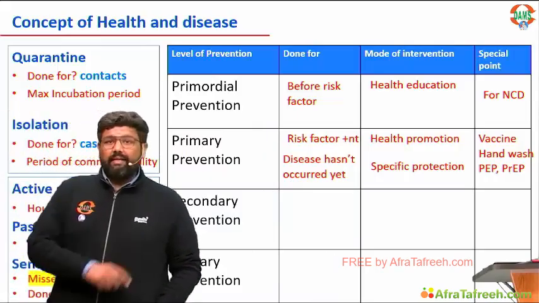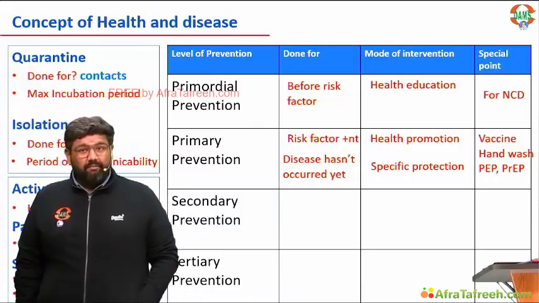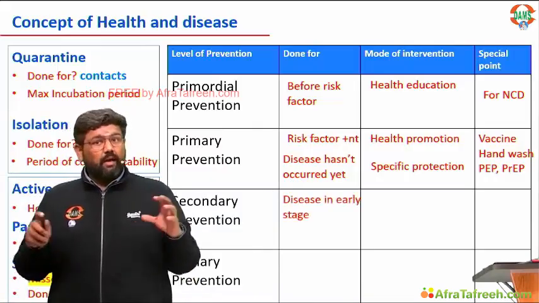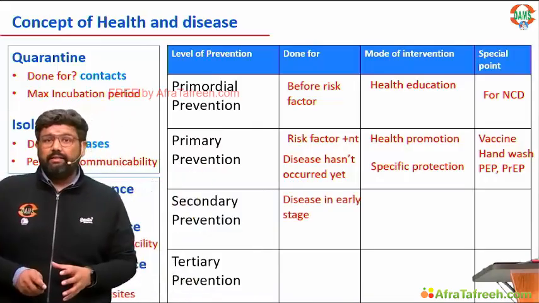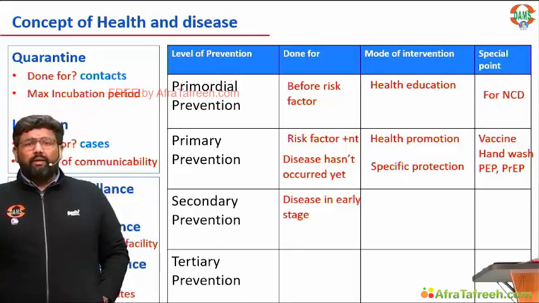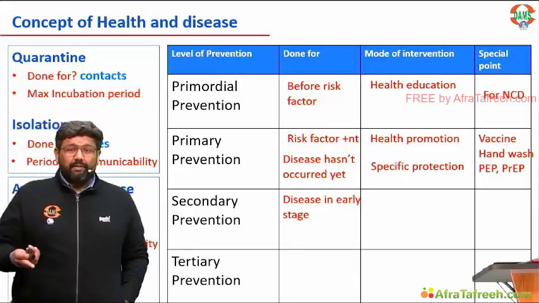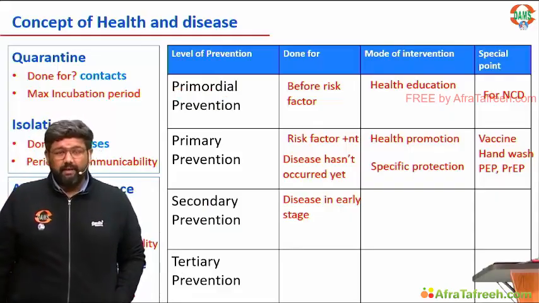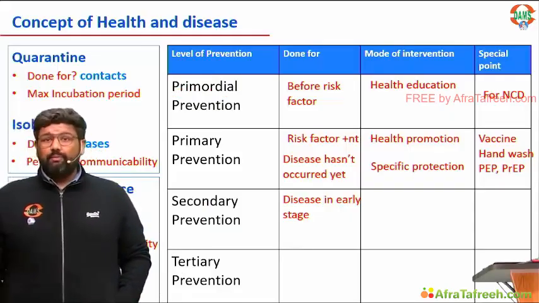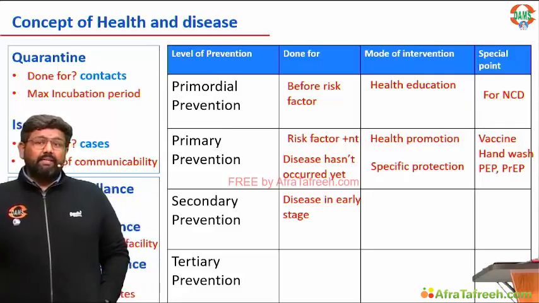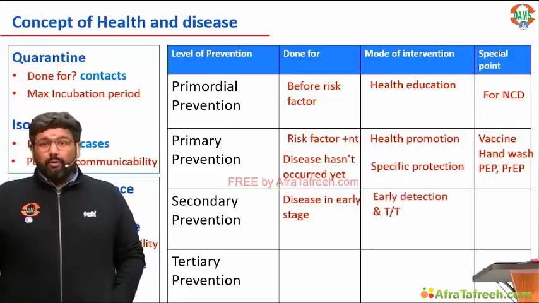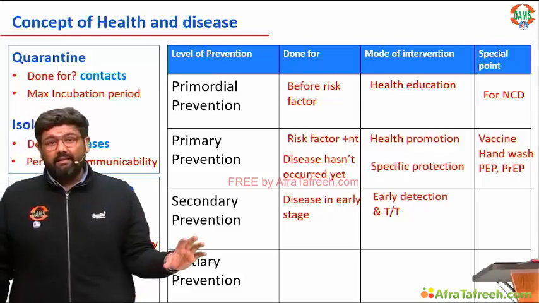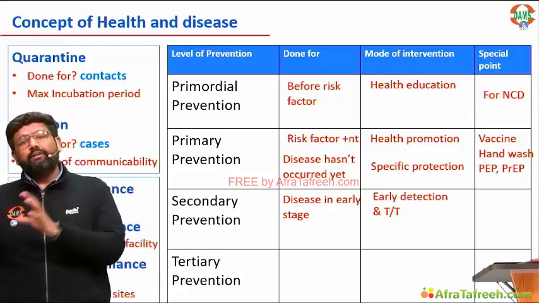Now coming to secondary prevention. Secondary prevention is when the disease has started and is in an early stage. We want to minimize human suffering. So the disease is in early stage, and here you can do early detection and treatment.